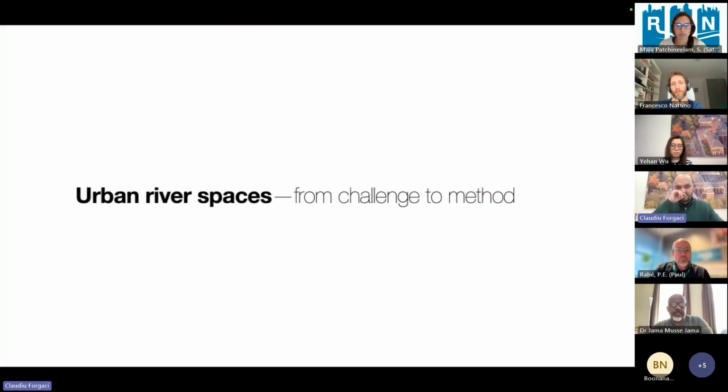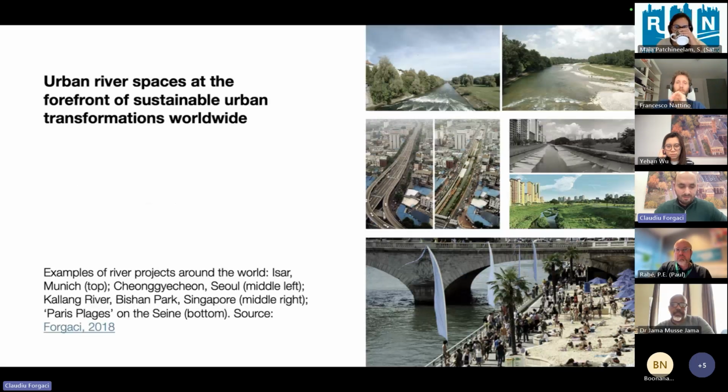Okay, so starting with urban river spaces, I don't think I have to explain the importance of urban rivers to this audience, but I will highlight a bit the spatial dimension of that. So that's a very important component of our approach to urban rivers. So we are referring here to urban river spaces.